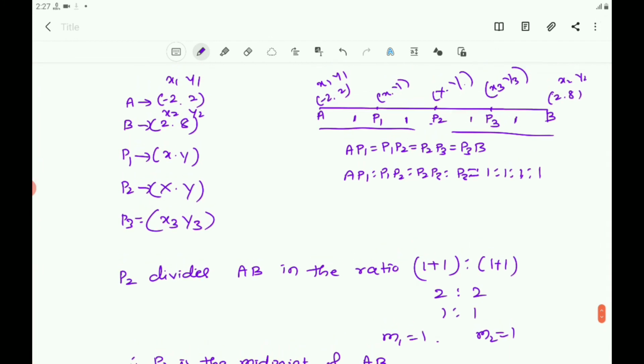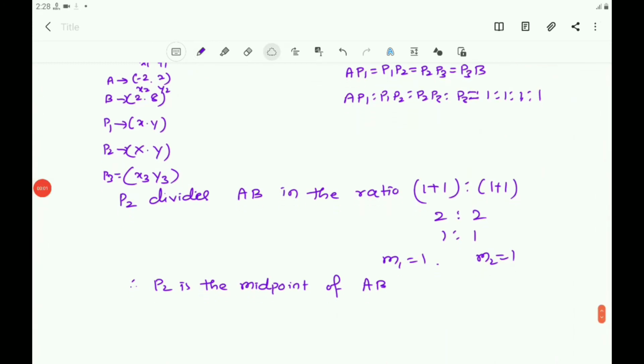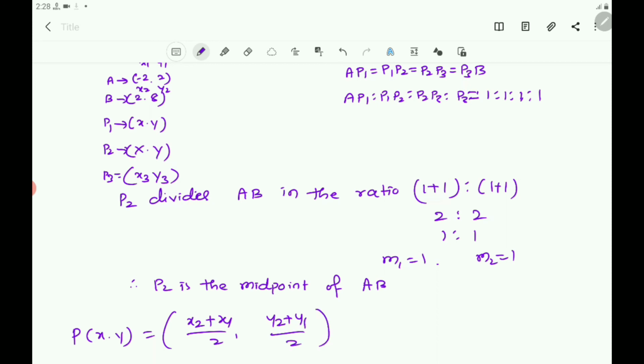So you take the point A, minus 2, 2, and B, 2, 8. Write the midpoint formula. P of x, y equals x2 plus x1 by 2, y2 plus y1 by 2.